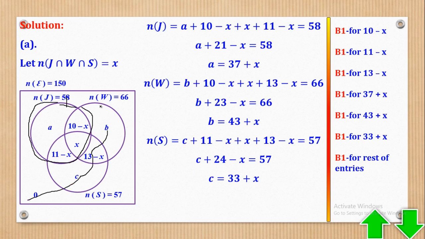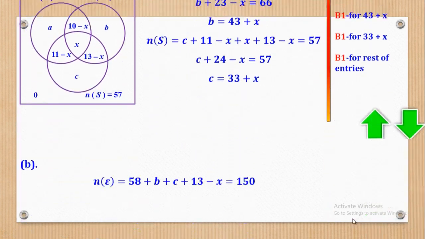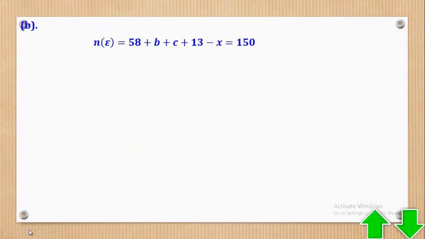When I do that, I'll be able to get 150. So that is the reason why I'm putting that the total will be 58 plus b plus c plus 13 minus x plus 0 to give you 150.